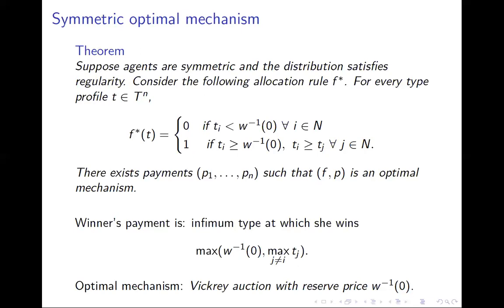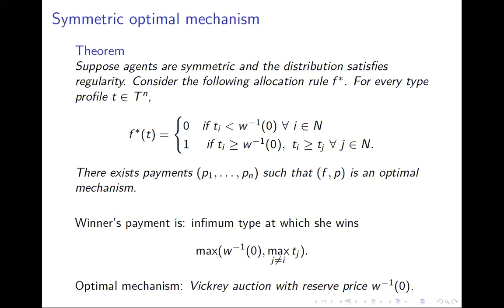Coming back to the alternate implementation, we can have the same revenue from a first price auction also. If you do a first price auction with a reserve price W inverse 0, that will also generate the same revenue, but it will only satisfy the BIC constraints. Okay, so the idea is you post a reserve price of W inverse 0, ask agents to bid.